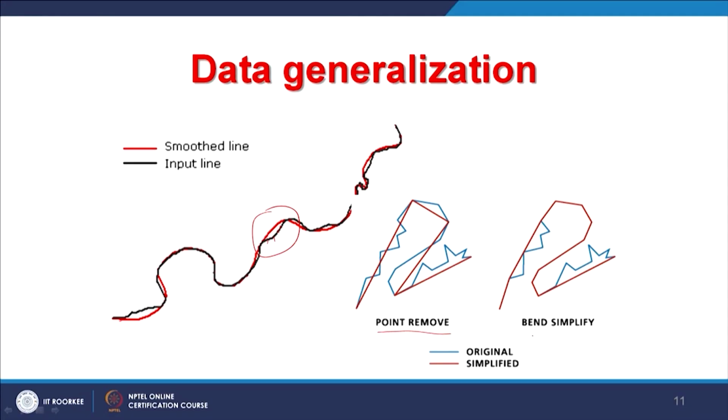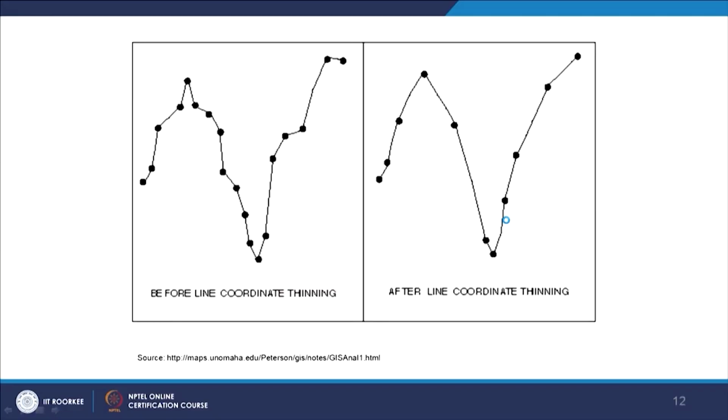In the same way, if I want a more accurate representation of bends based on that data, it can be done. So the bend has been preserved from the original, but the rest has been removed. While things are getting removed, I am removing the nodes and internodes, and in doing so I am reducing the data. That is data reduction, and at the same time I am achieving generalization.